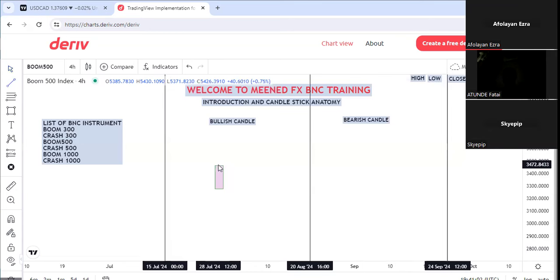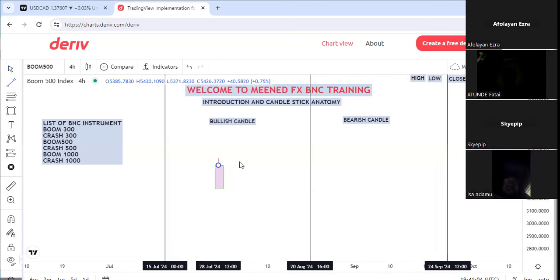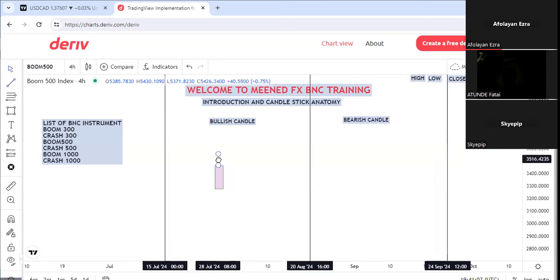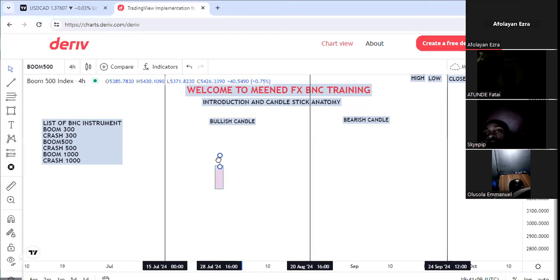Let's say it has the high like this. So the candle has a high and a low. This is a bullish candle.